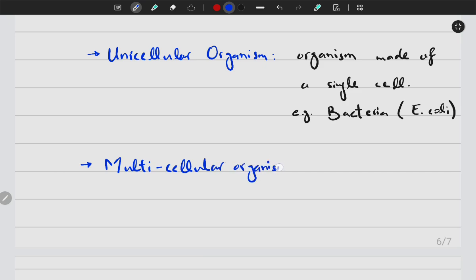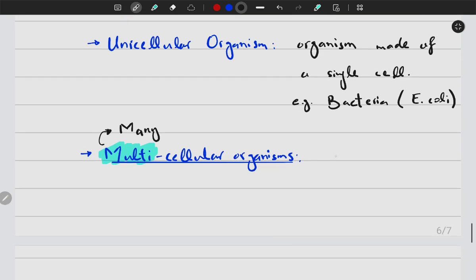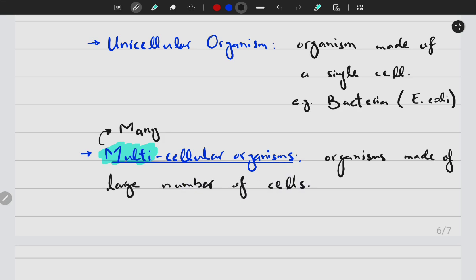As the name suggests, the word multi means many. It's a very common English word, many, right? Or several. So these are the organisms made of a large number of cells, right?